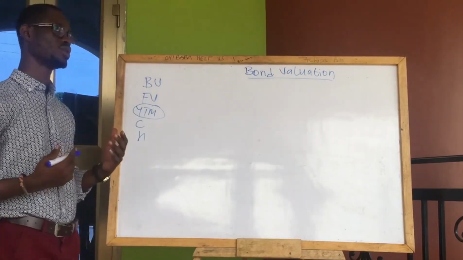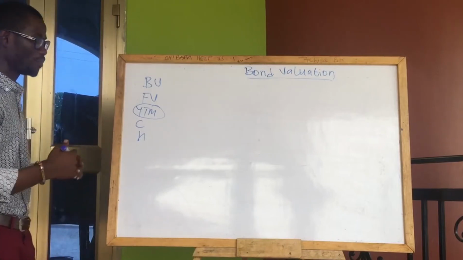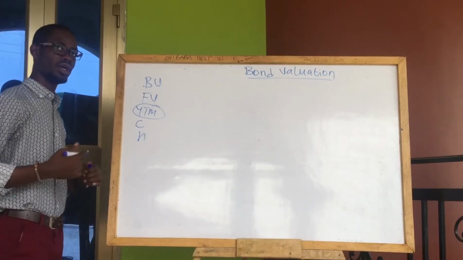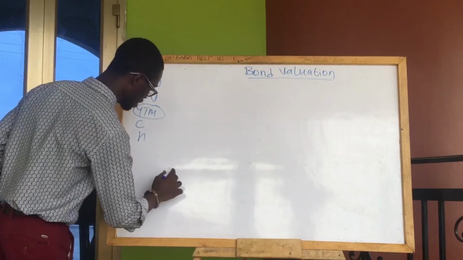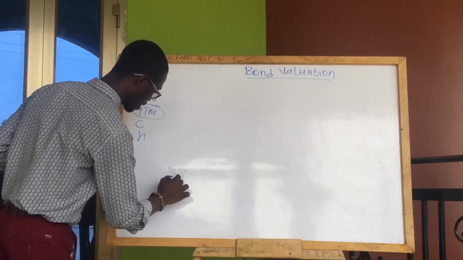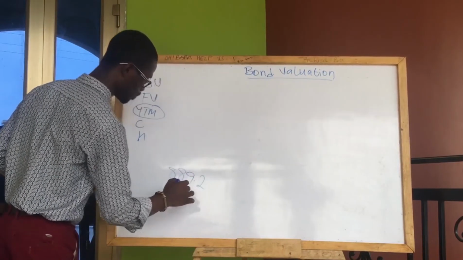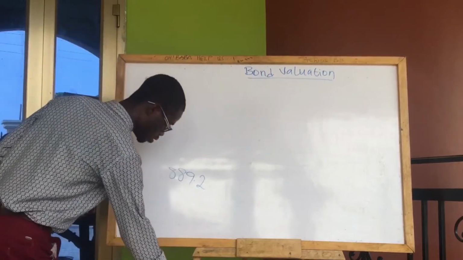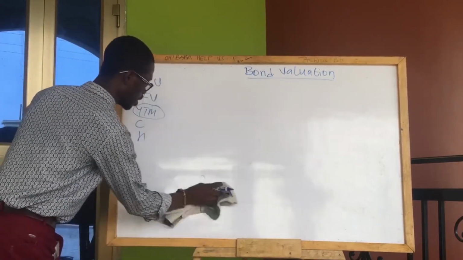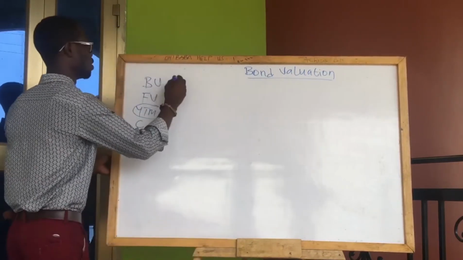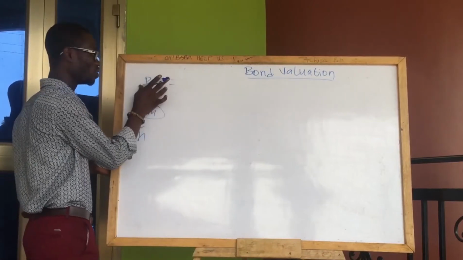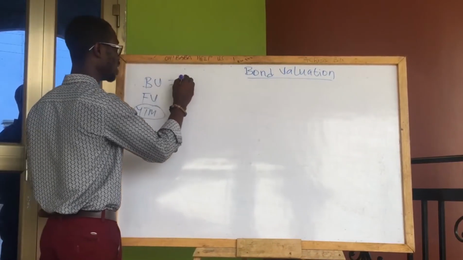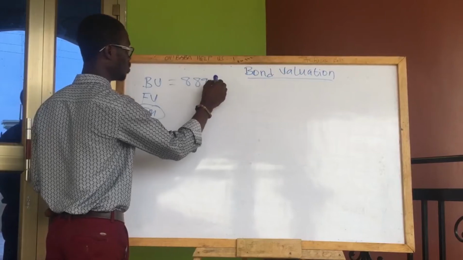So the question can be: the price of a bond is, let's say, 889.2. Let me put it over here. Let's say the bond value, the price of the bond, is 889.2.